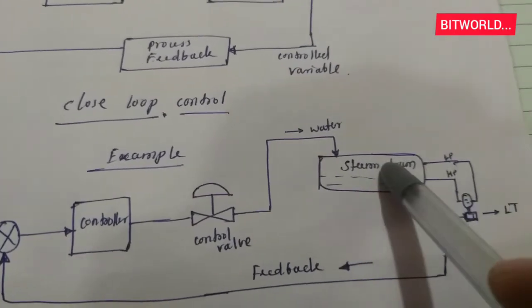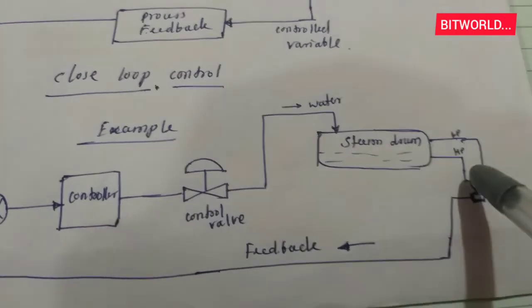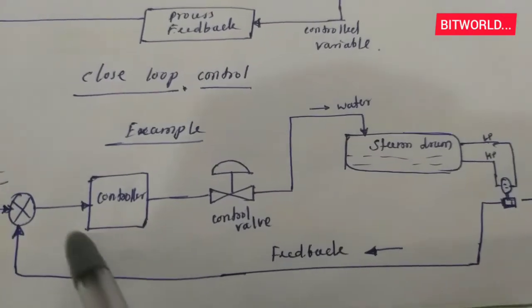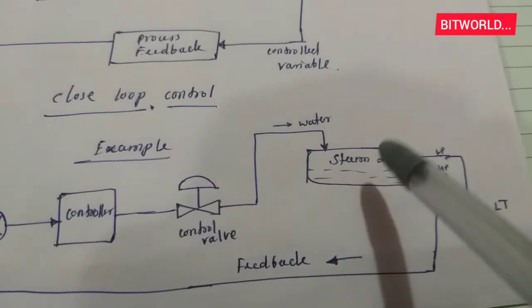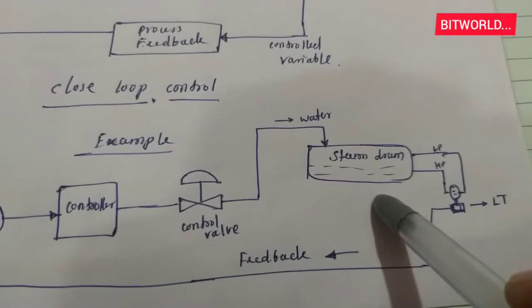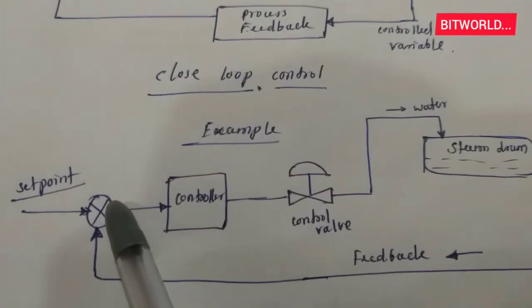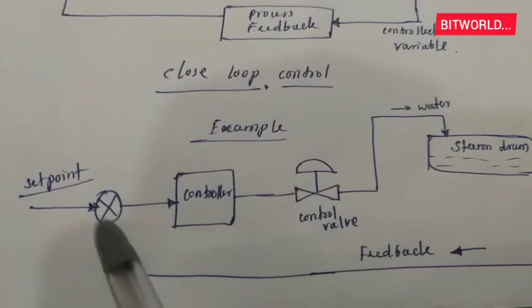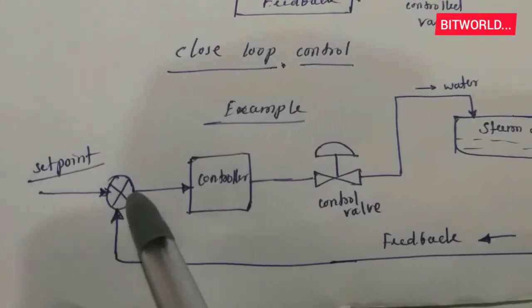The steam drum level transmitter measures the steam drum level and gives the feedback to the input of the controller. If the drum level is less than 50%, the feedback goes to the comparator. What will happen here?